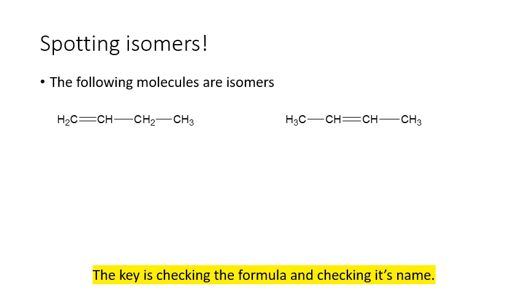So why don't we start by proving that these are isomers by looking at the chemical formula. The chemical formula of the one on the left: as you can see, there are 4 carbons, so it's C4, and then we count up the hydrogens.